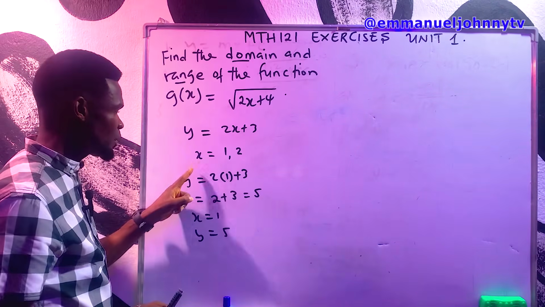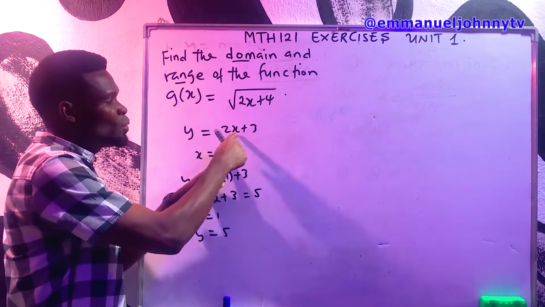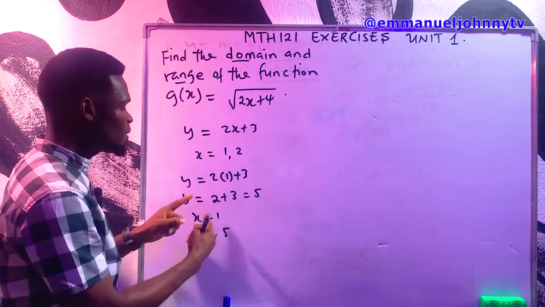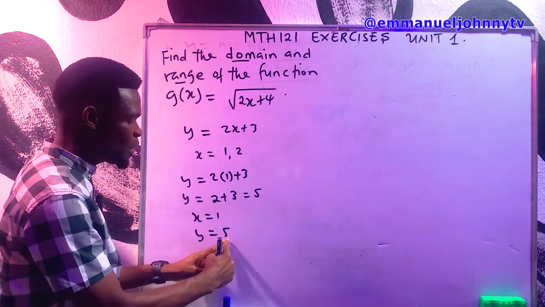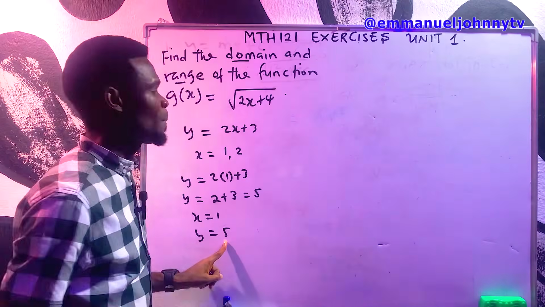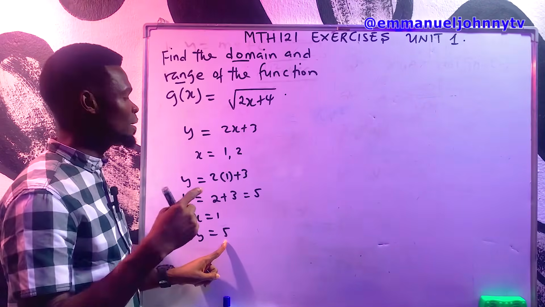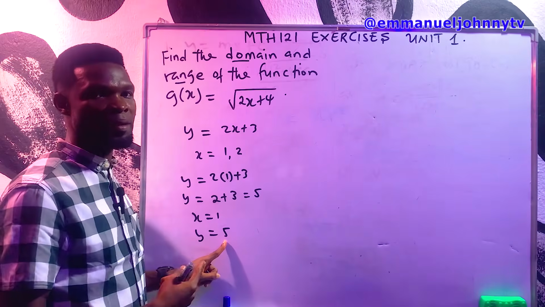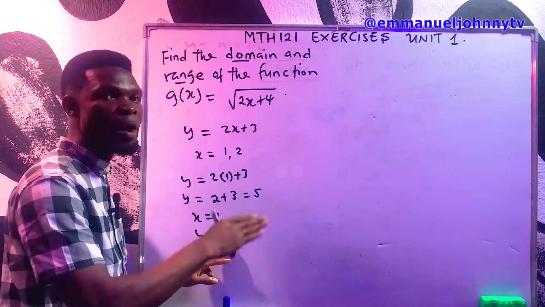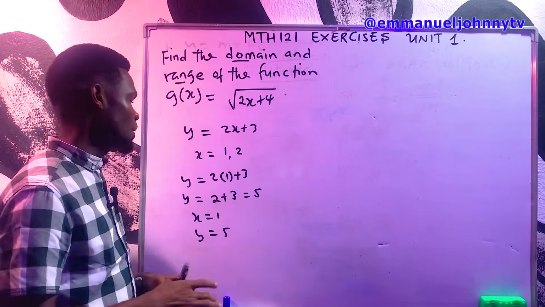The value of x, which is 1, I put into this function is called the domain. Whereas the answer I obtain, which is y being equals to 5, is called the range. So that means that domain is the set of input values of x that makes a function defined, and range is a set of output values of y.